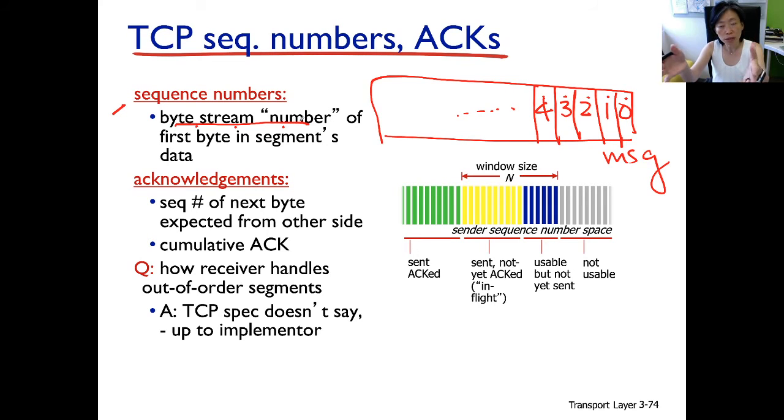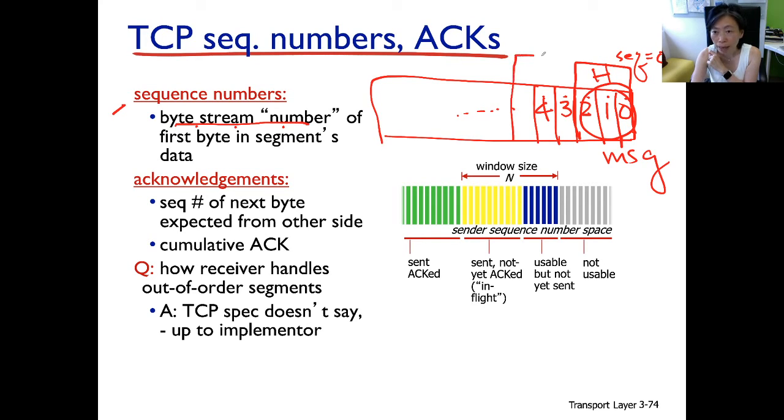So when such a message arrives at the transport layer, the TCP sender is going to what? Break it down into smaller parts. Let's assume that the first segment contains only 3 bytes of the data. So in the header here, the sequence number is going to be what? The byte stream number of the first byte of data, which is 0.